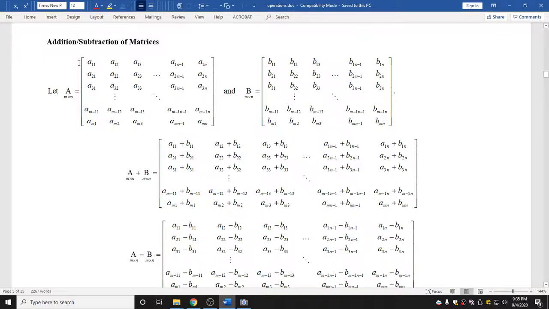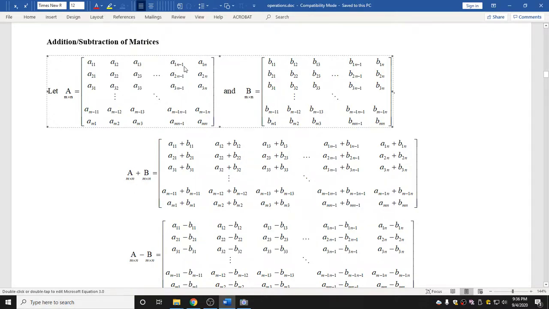And the entries are, to get the first entry of the resulting matrix, you just add the first entry of each of the component matrices. So A11 plus B11, A12 plus B12, A13 plus B13, and so on, up to A1n plus B1n. Let me repeat that.